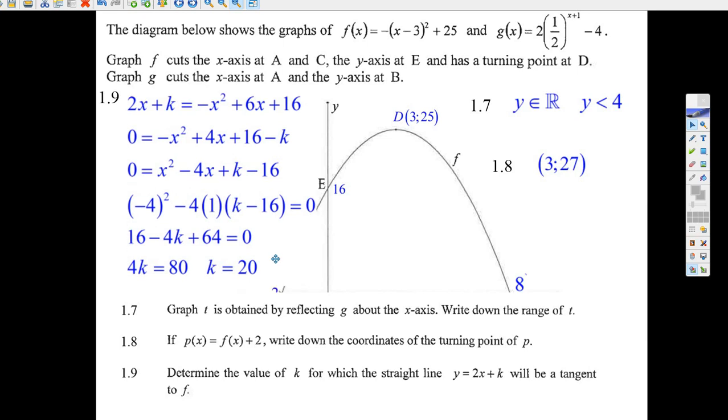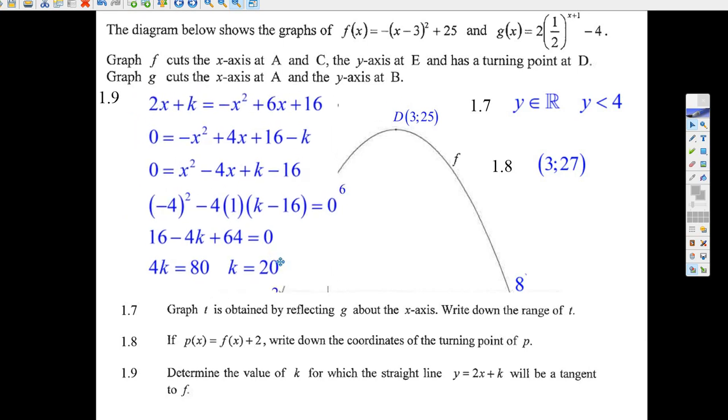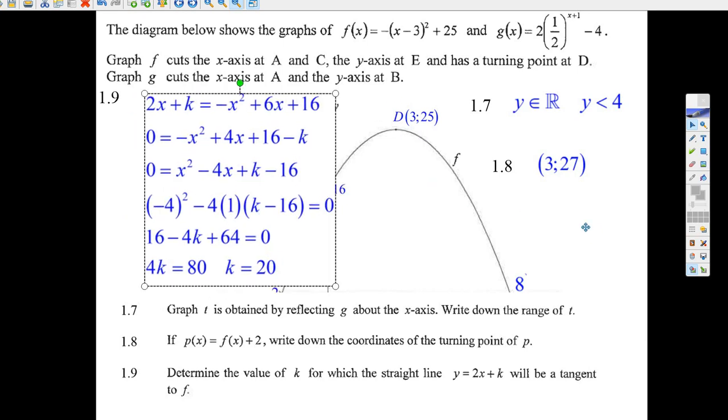I want to find out where they equal each other, where they touch. So you take the line, which is 2x plus k that they said, and you make it equal the parabola. I put it in this form, minus x squared plus 6x plus 16.